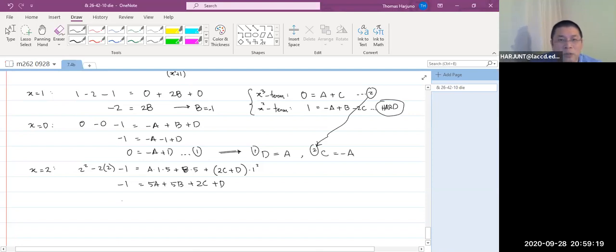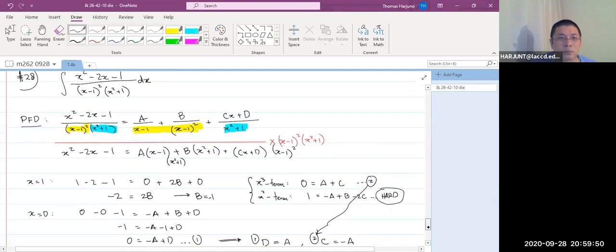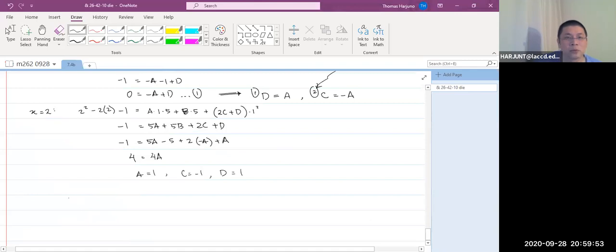So let me substitute that. This is 5a, the b is negative 1, the c is negative a, the d is a. That's 4 equals 6 minus 4a. So a equals 1. Therefore, c equals -1 and d equals 1.